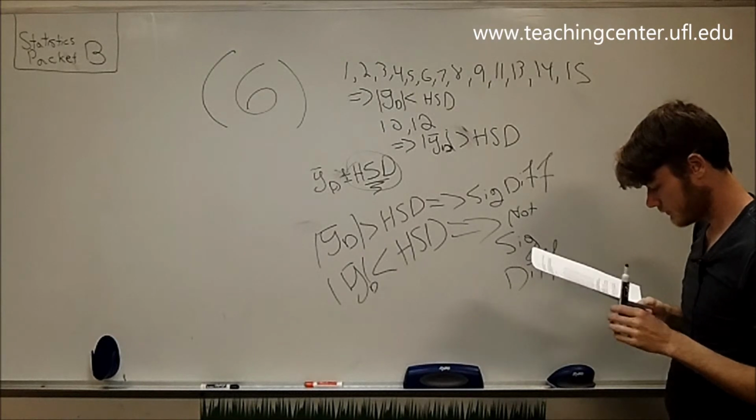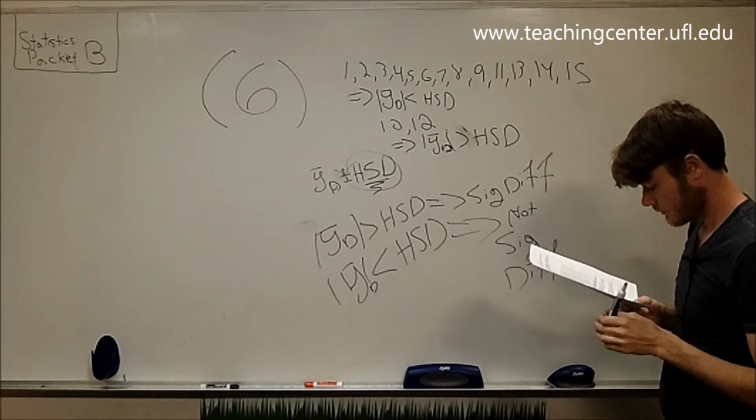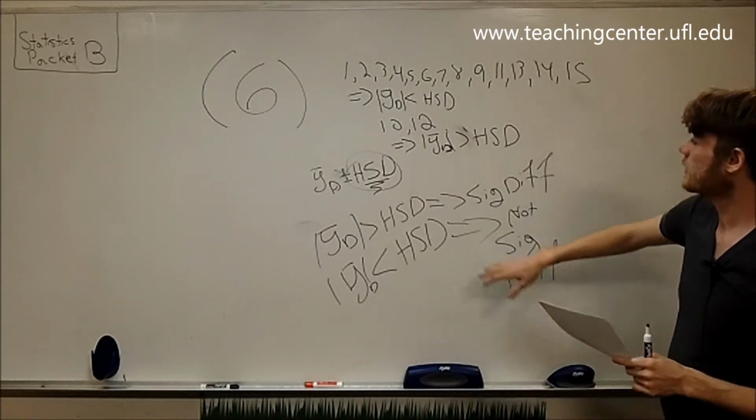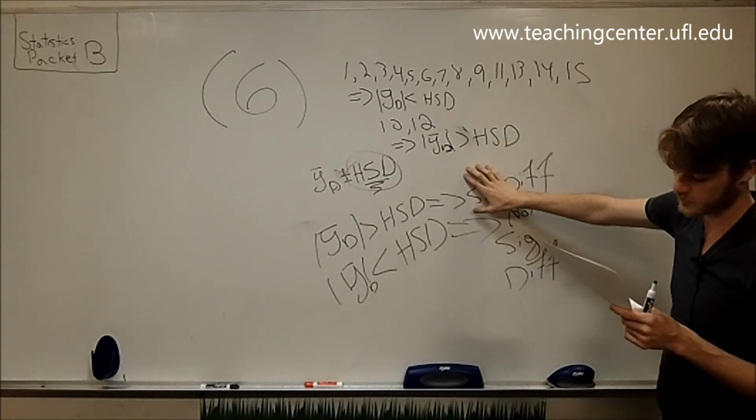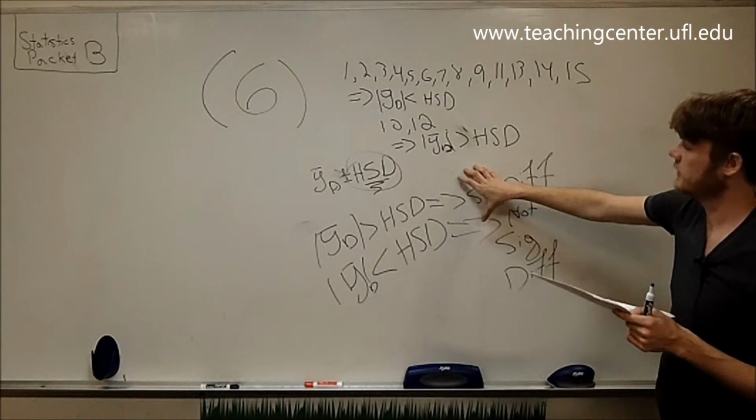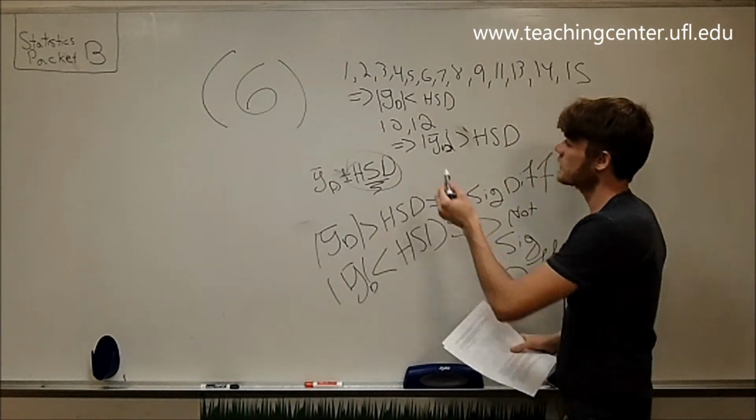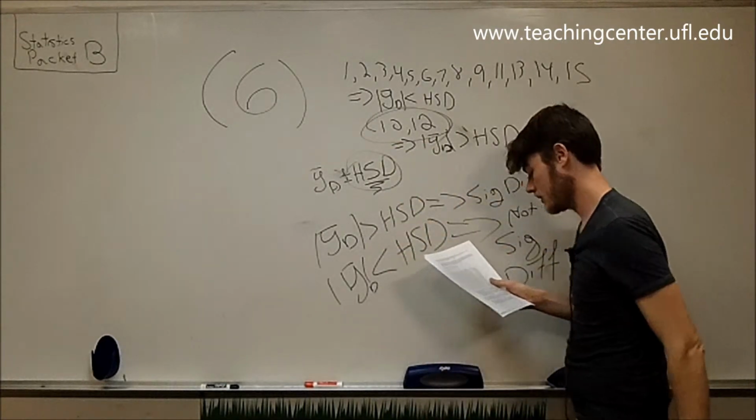You know that because these intervals included 0, and these intervals did not include 0. So that's how you know whether they're significantly different or not. These are the ones that are significantly different.